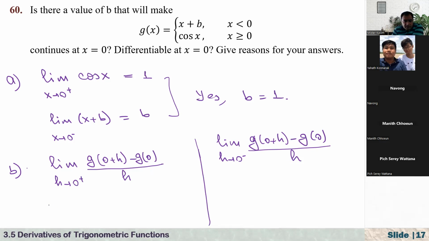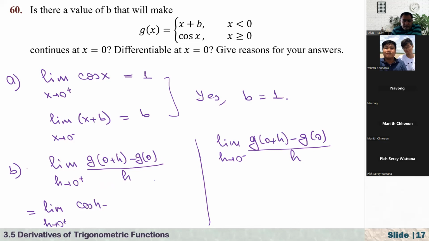Now if you evaluate the second one, here we have the limit as h approaches 0 from the right. Here we have g of h, and when h approaches 0 from the right-hand side, that means the input is positive. When it is positive, our function is cosine of h. What is g of 0?